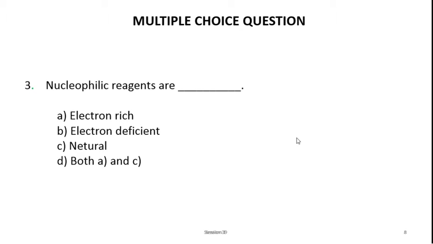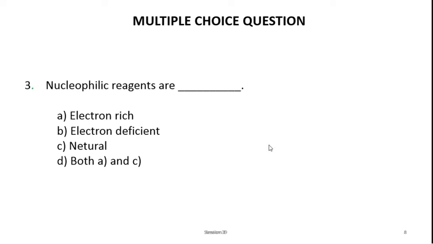So third question, nucleophilic reagents are, options are electron rich, electron deficient, neutral, both A and C. So picturize in your mind what are nucleophilic reagents and what are the different types of nucleophilic reagents. Nucleophilic means nucleus liking or loving.